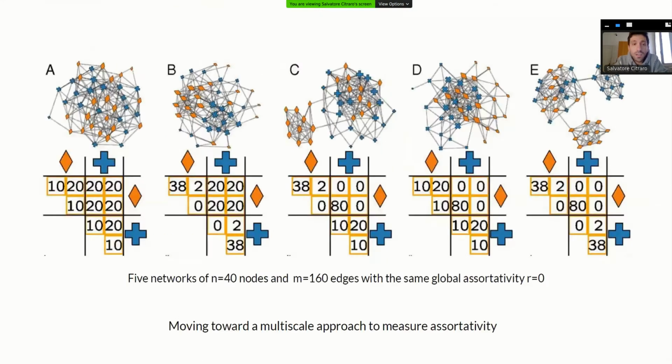For instance, here we have a paradox where each of these 5 graphs has Newman's coefficient equal to 0. According to this measure, it means that each graph is randomly mixed, but this is true only for the graph labeled as A, while the other ones present a heterogeneity of connectivity preference.